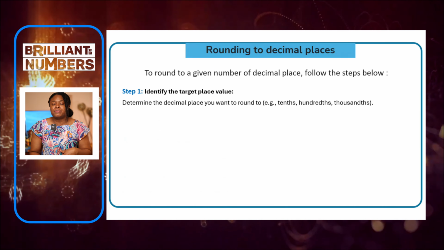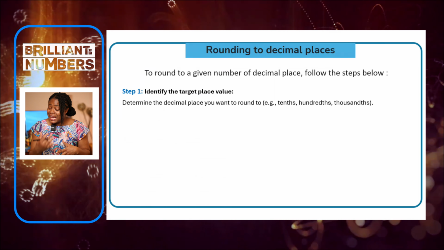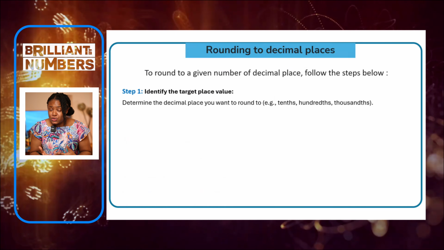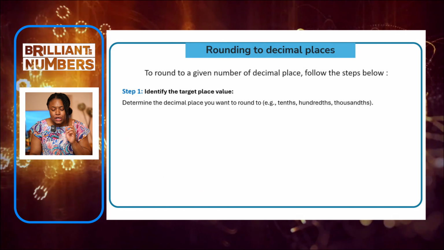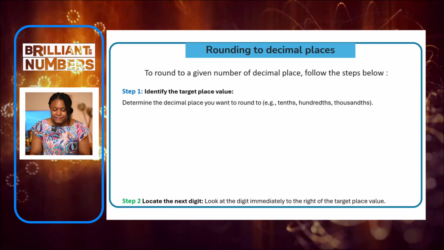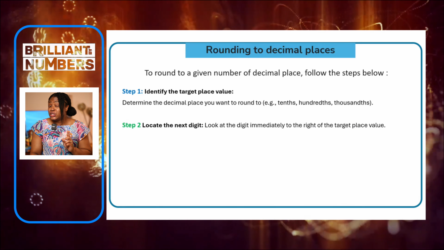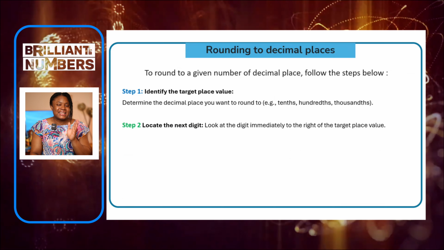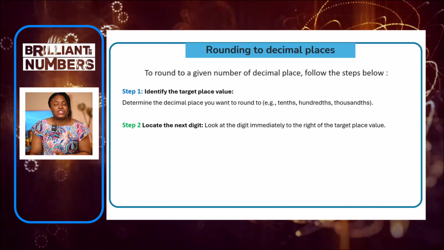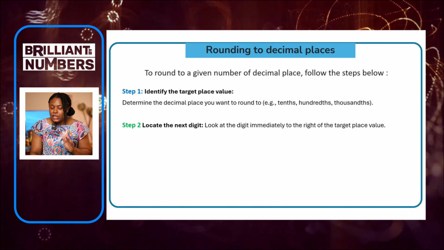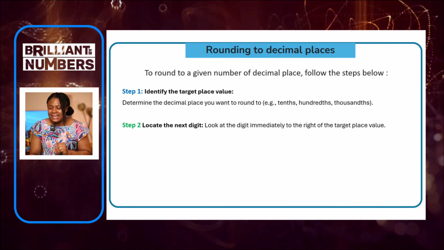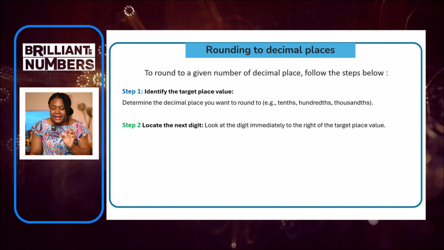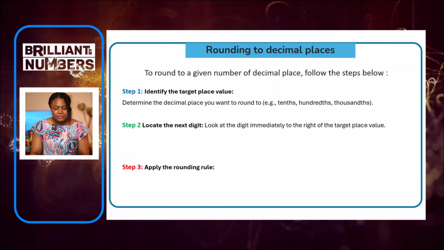For example, we could be asked to round to the nearest tenth, hundredths, thousandths, for example. Second, we locate the digit that is next to our target value. So we look at the digit immediately to the right of the target place value.